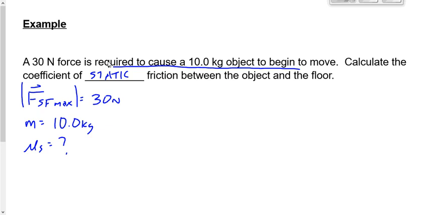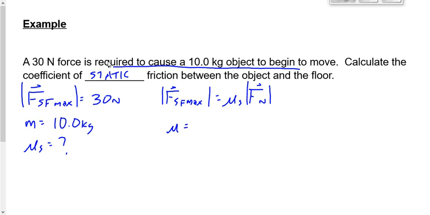The only equation I know with coefficient of static friction in it is this one. We're going to say FSF max is equal to mu times the normal force. For us right now, this has been the case for all the questions we've done so far. The normal force is equal to what? M times G. So let's rearrange this, solve for mu.